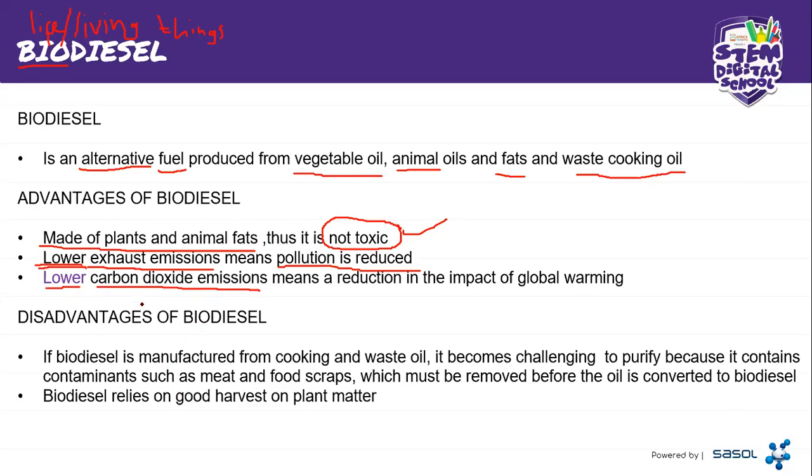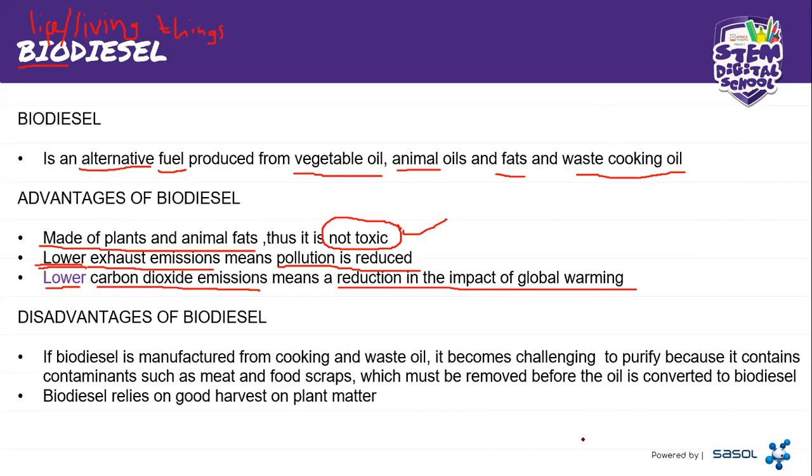And we know that when we have lower carbon dioxide emission, it means we have reduced the impact on global warming, because carbon dioxide accelerates global warming. So if you have a lower carbon dioxide emission, it means you have reduced the impact on global warming.